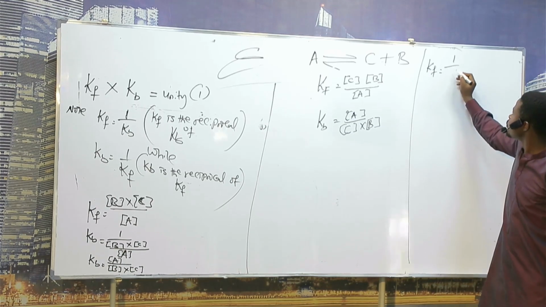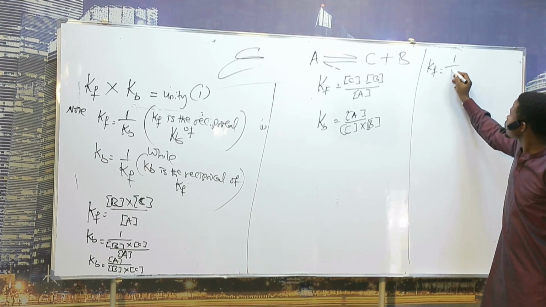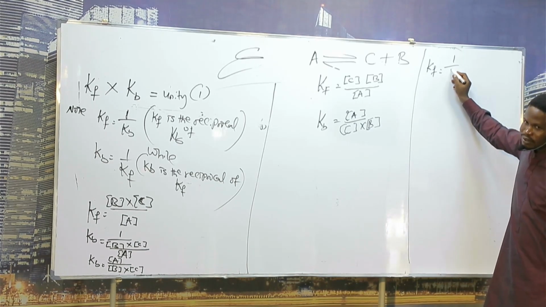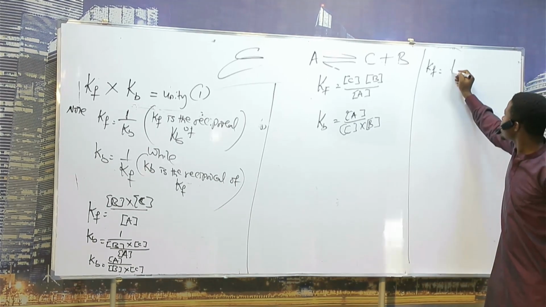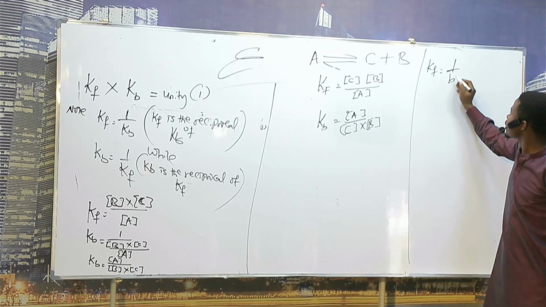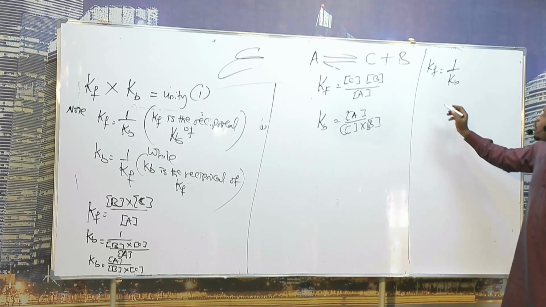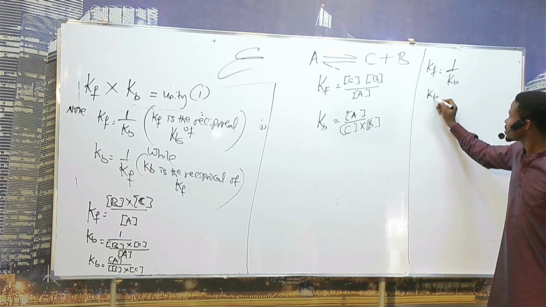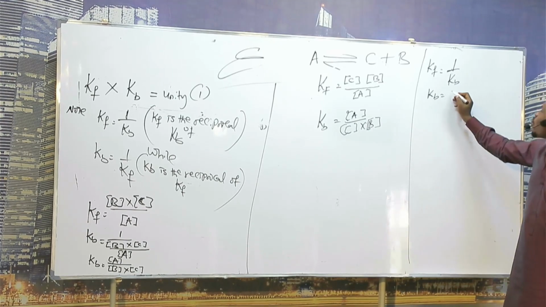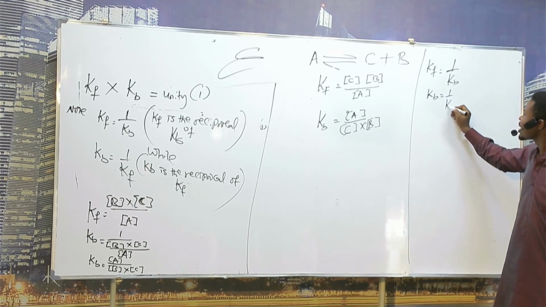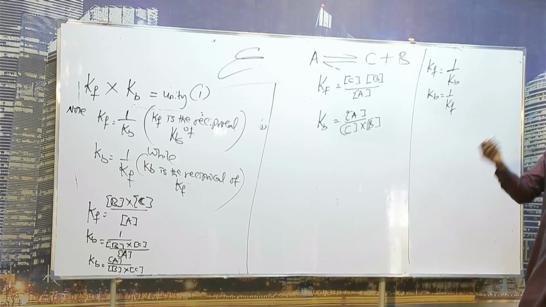Is 1 over KB. So what will KB be? 1 over KF. They are reciprocals of each other.